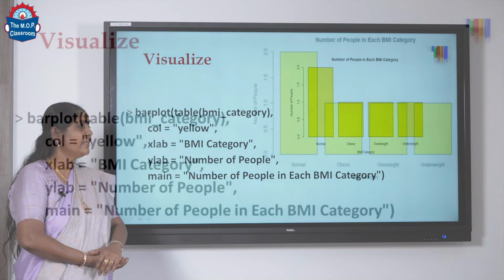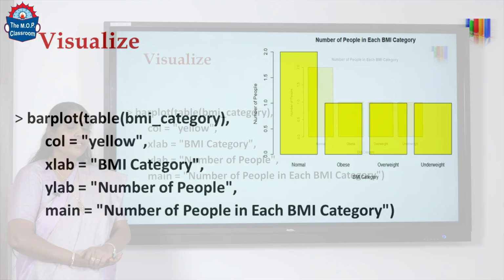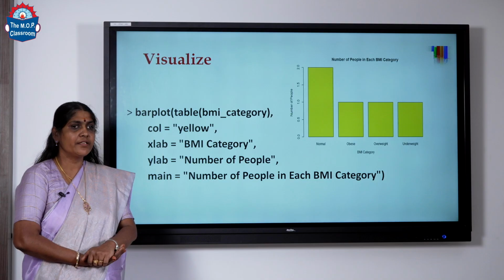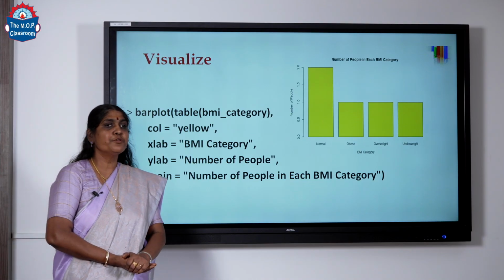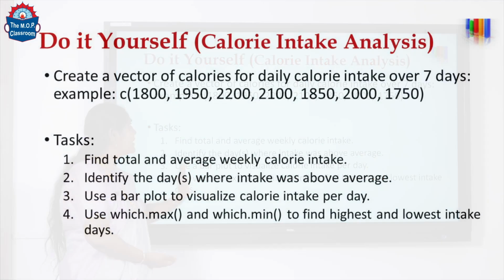Also, we can create a graph using this BMI category vector to display how many people are underweight and in other categories also. So, this way we can make use of vectors to analyze simple information.